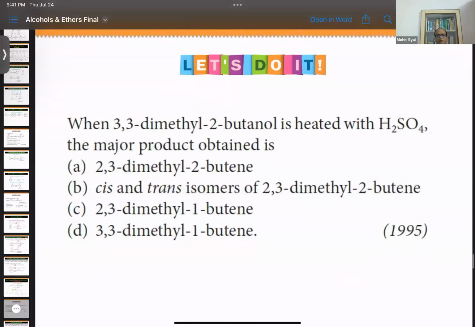Let's do some problems. So this is the problem related to acid catalyzed dehydration of alcohols.